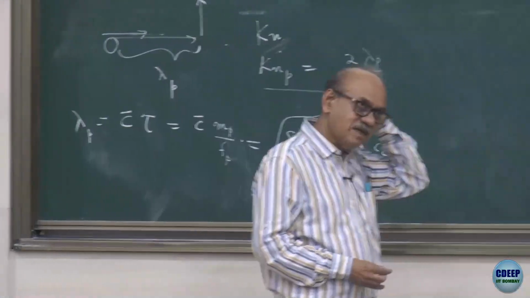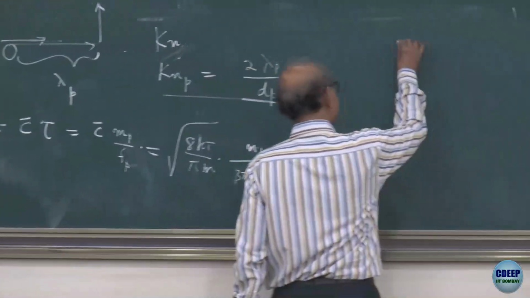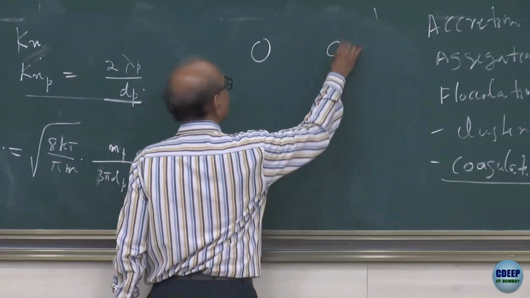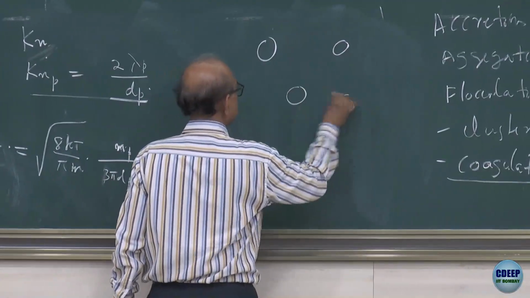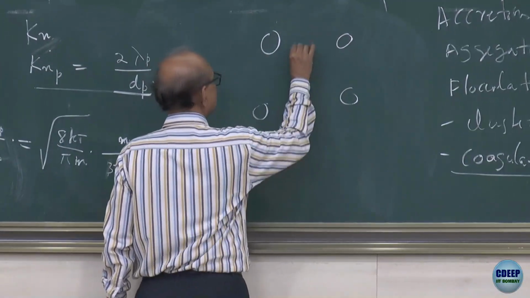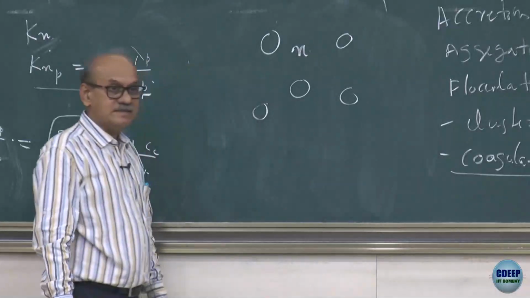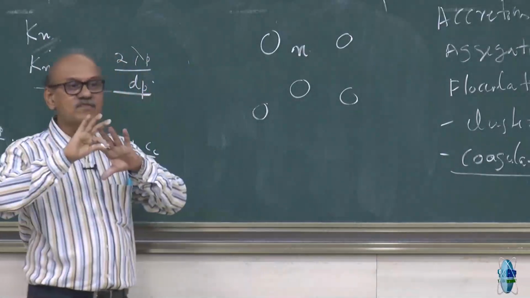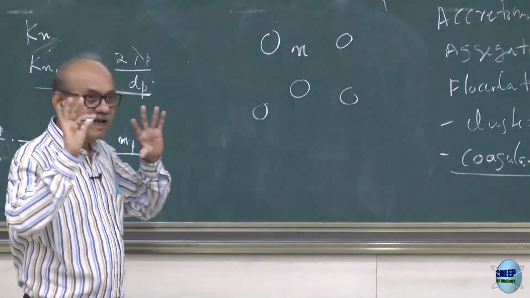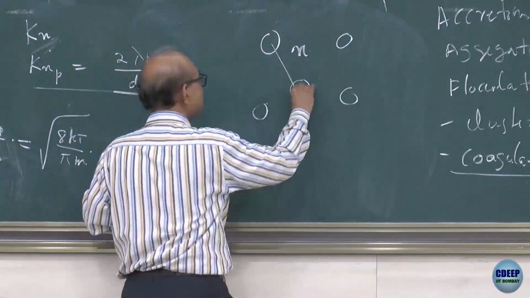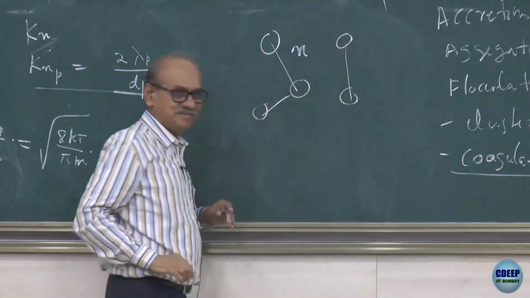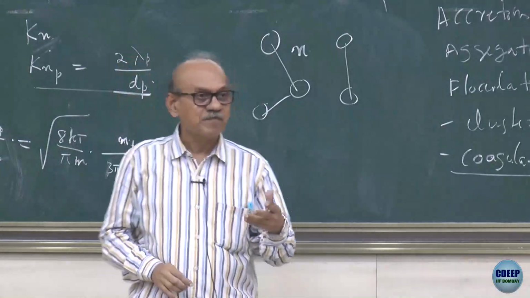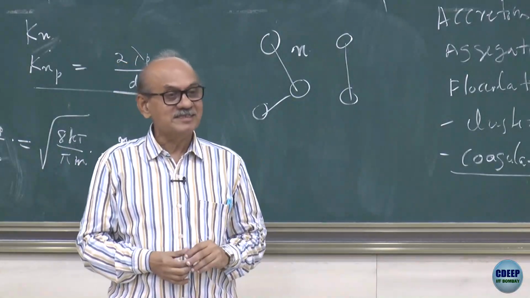Now that you mention it, we also have another length scale. If I have particles in air with concentration n, then if I take an instantaneous photograph, I can actually calculate the interparticle distance. That is another measure. What is the interparticle distance for an aerosol?